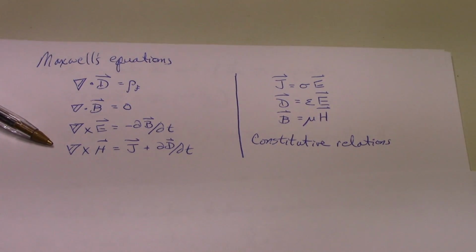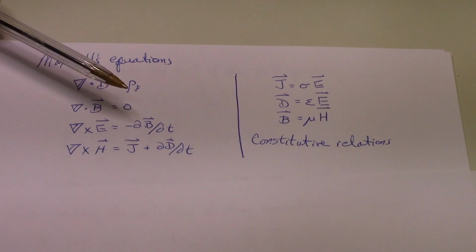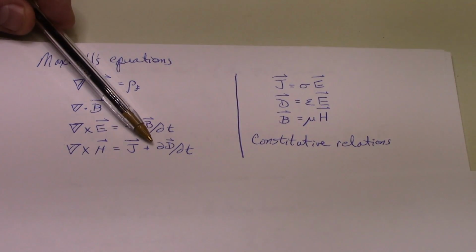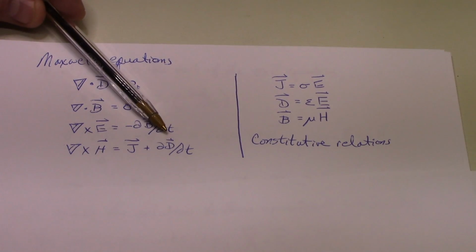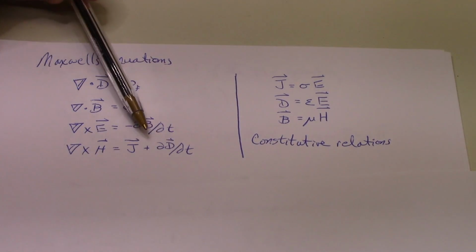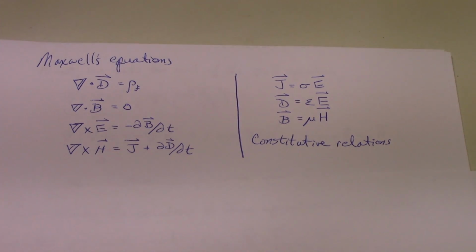And the curl of H, the magnetic field, is equal to the current density, J, plus the partial derivative with respect to time of the displacement field. This term right here is known as the displacement current, and that was Maxwell's main contribution to these equations.